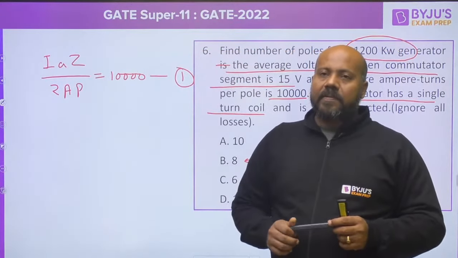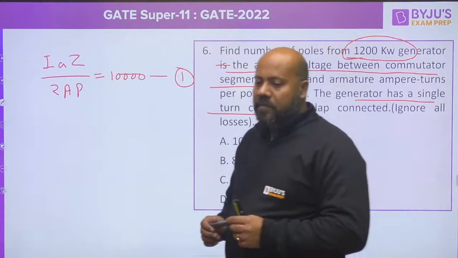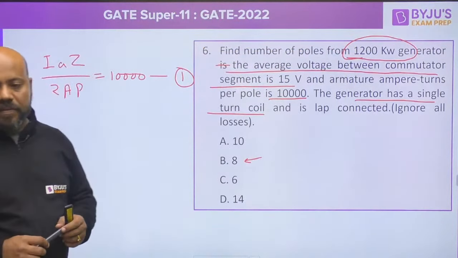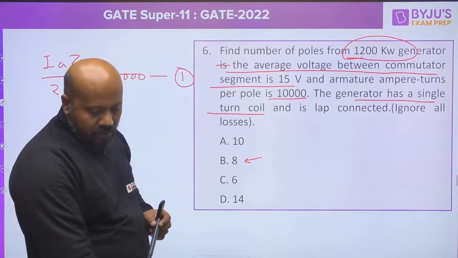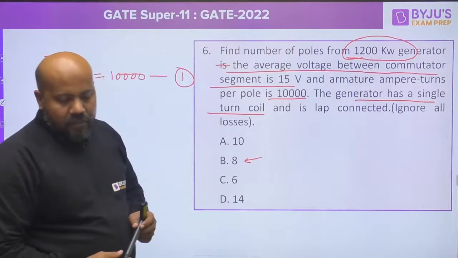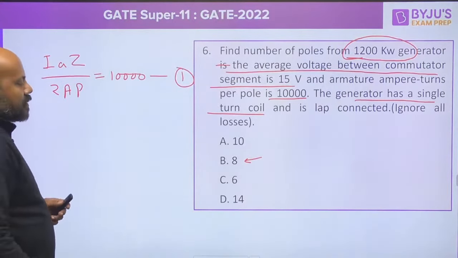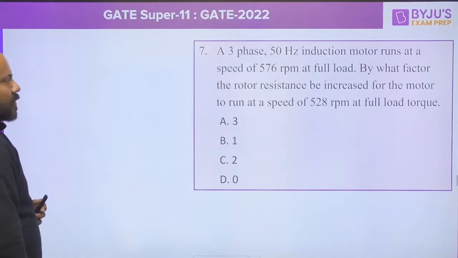Is it clear for everybody? Yes, Swapan. We will be getting 8. Let us go to the next question.